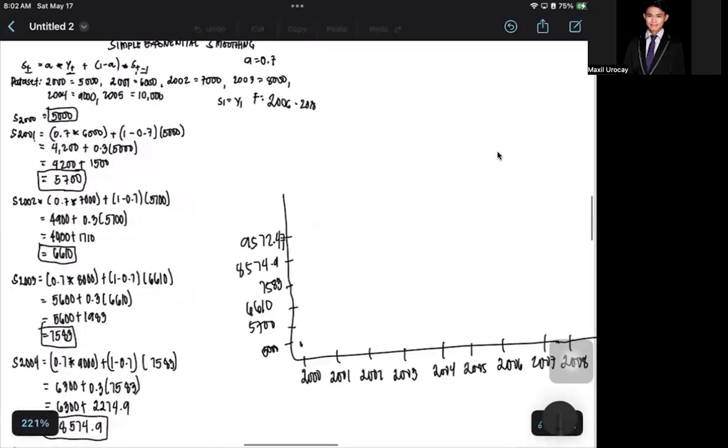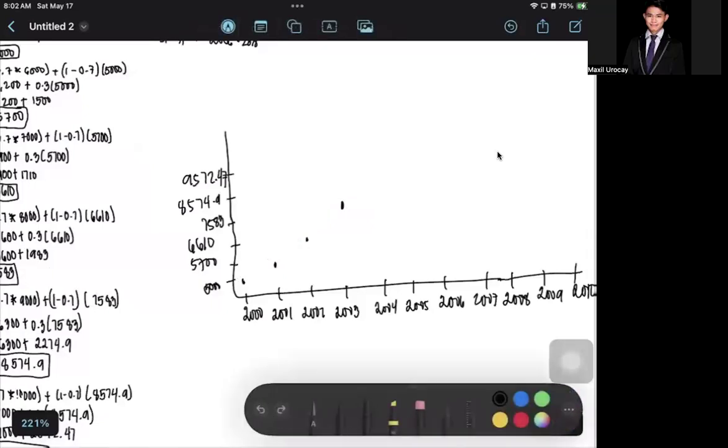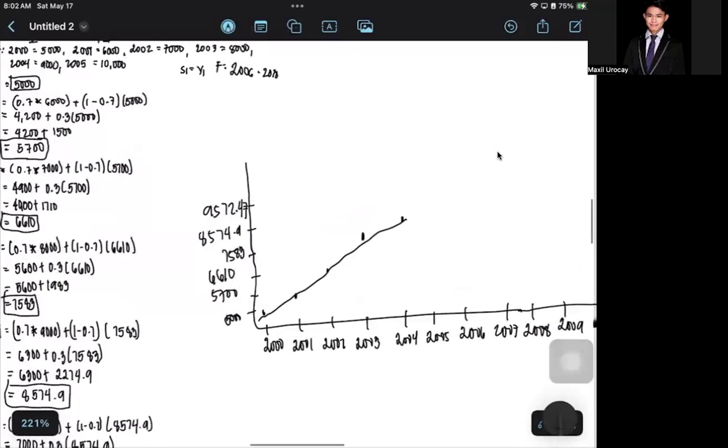So we will draw first the smooth data. Okay, this is the smooth data, for example.